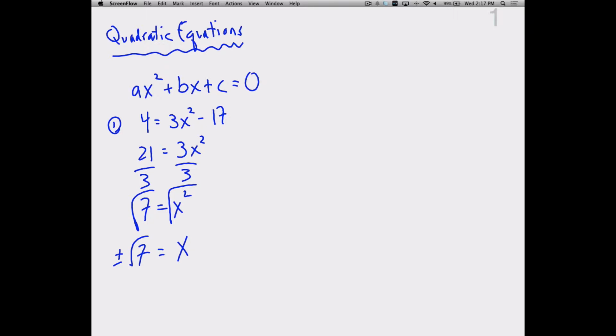Let's change colors. This one can be solved 2 different ways. An easy way and a hard way. Which method do you want to do first, Josh?